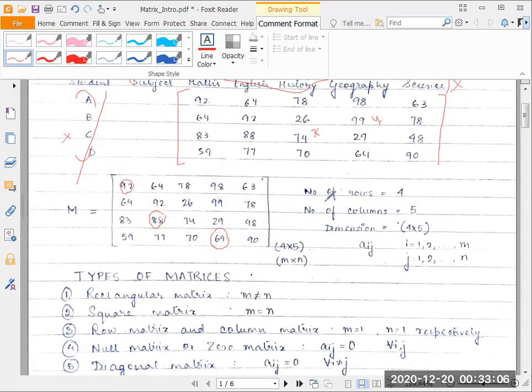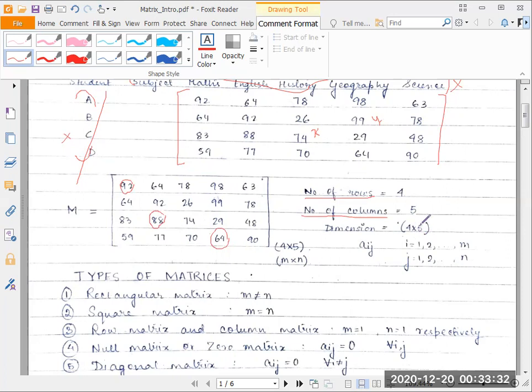Considering the matrix that we have here, we have number of rows 4 and number of columns 5. So what is the significance of this? The number of rows and columns essentially give us the dimension of a matrix. So in our case, since we have 4 rows and 5 columns, we'll say that the dimension of this matrix is 4 cross 5. Please note that this is not 4 into 5.